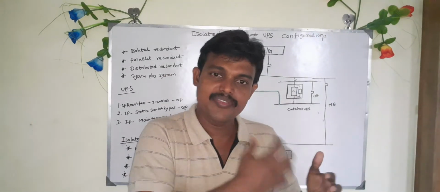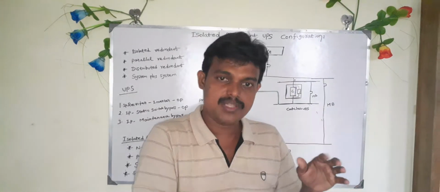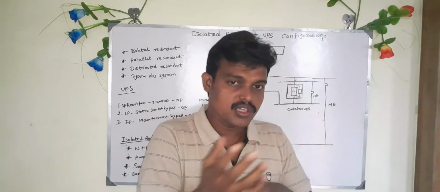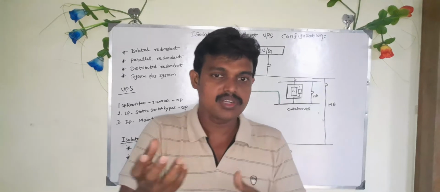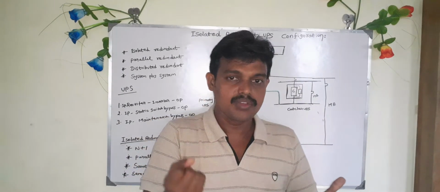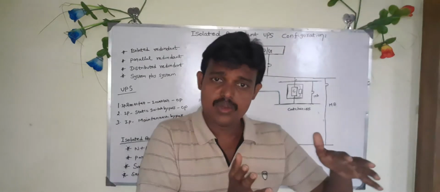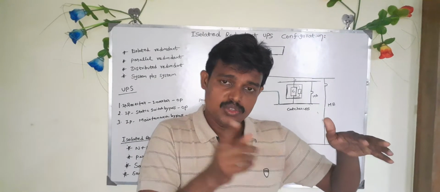Why? Because due to aging of a capacitor, the rectifier section or the inverter section can become faulty. In that situation, what you have to do? As I already told you, you have the static bypass switch.